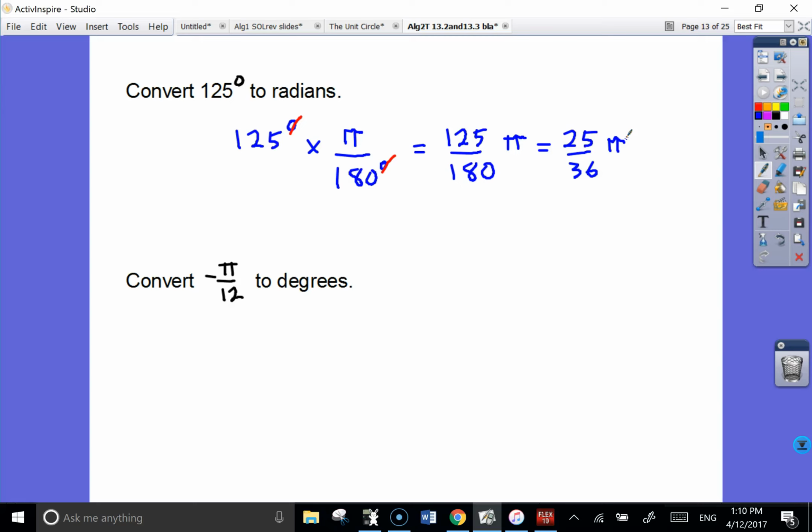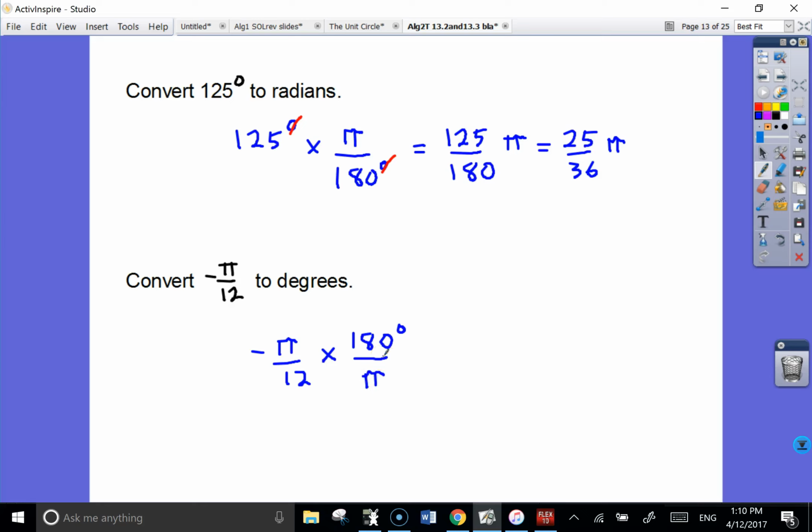Okay, now if we go the other direction, what do I need to multiply by to convert negative pi over 12 radians to degrees? Times 180 degrees divided by pi, right? Which is pi's in radians.